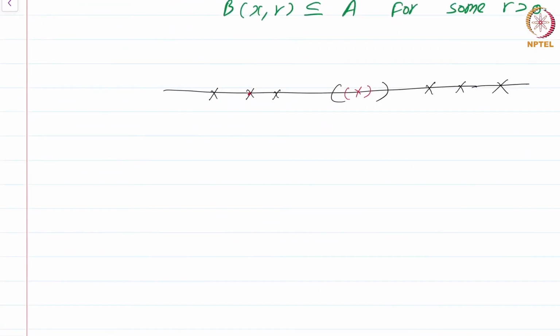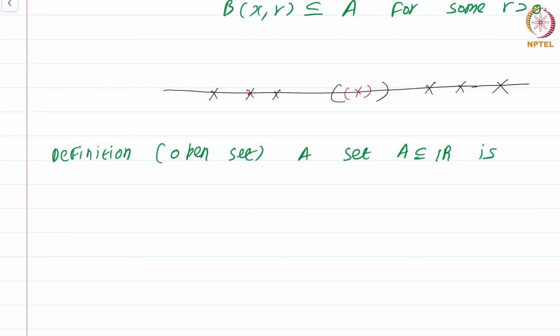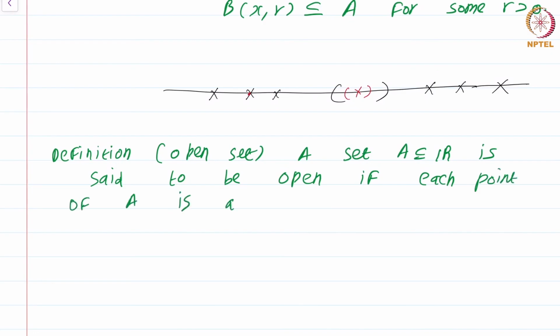Next definition of an open set. A set A subset of R is said to be open if each point of A is an interior point.